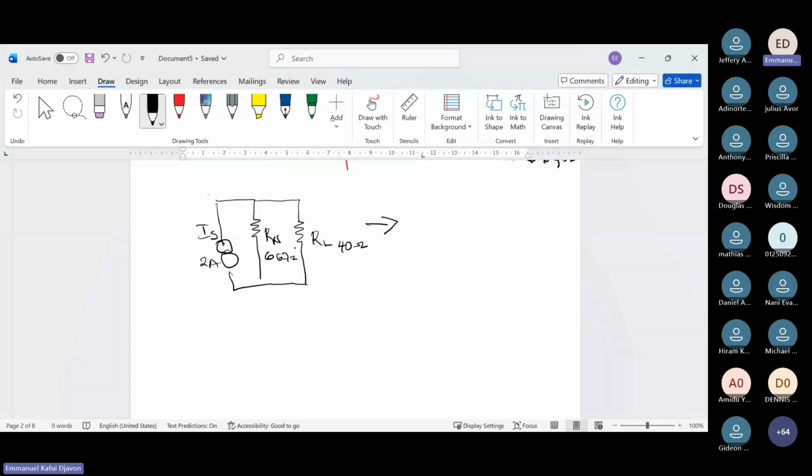And you all know that when you have two resistors connected in parallel, you can use the product over the sum. So to get my final RT, I will say RN times RL all over RN plus RL. That will give me 6.67 times 40 all over 6.67 plus 40.